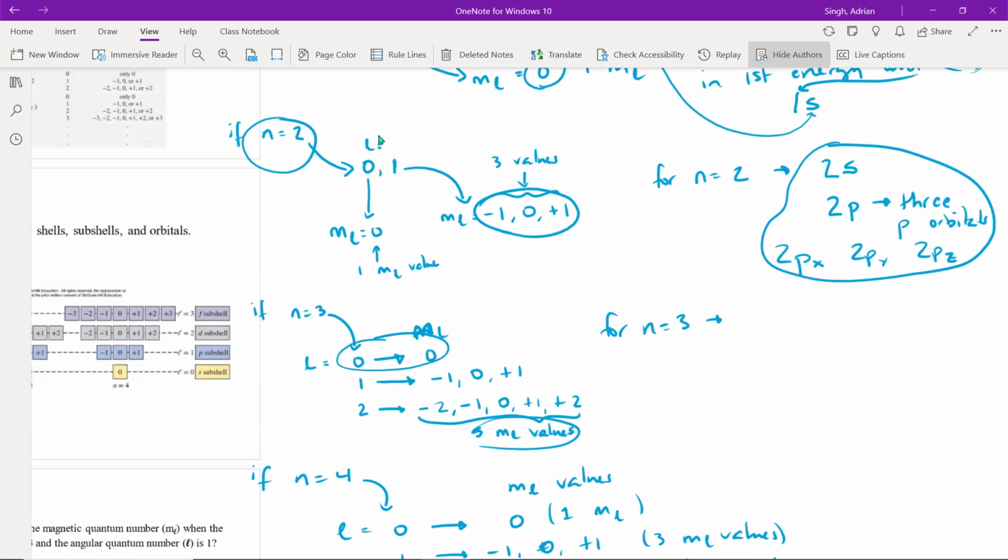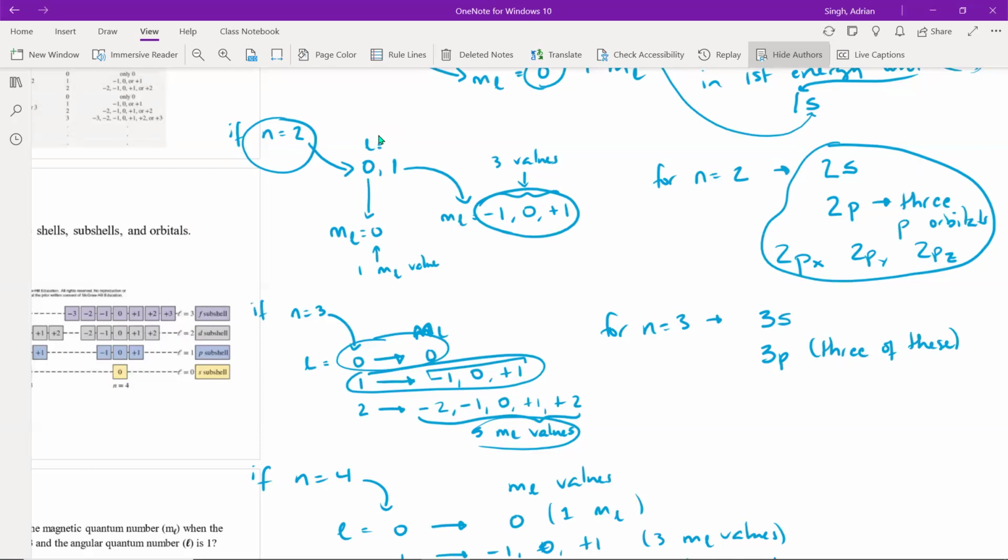An L value of 0 means it's the S, so we have a 3s. We also have an L value of 1, which corresponds to the P, and we have a total of 3 of these values, so we have 3 P orbitals: the 3px, 3py, 3pz, just like above.